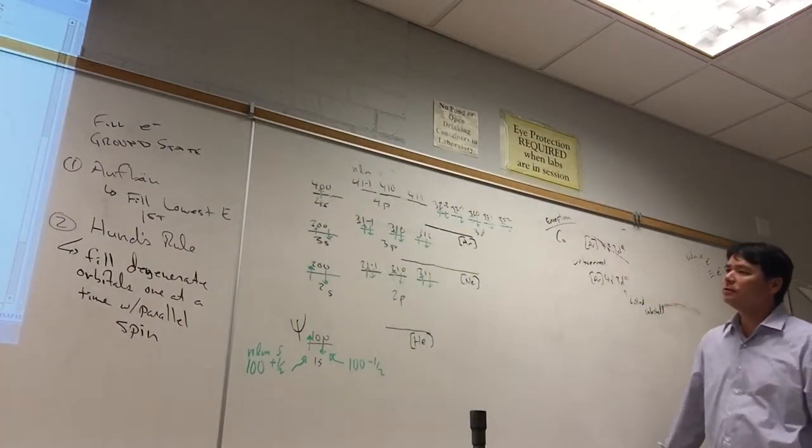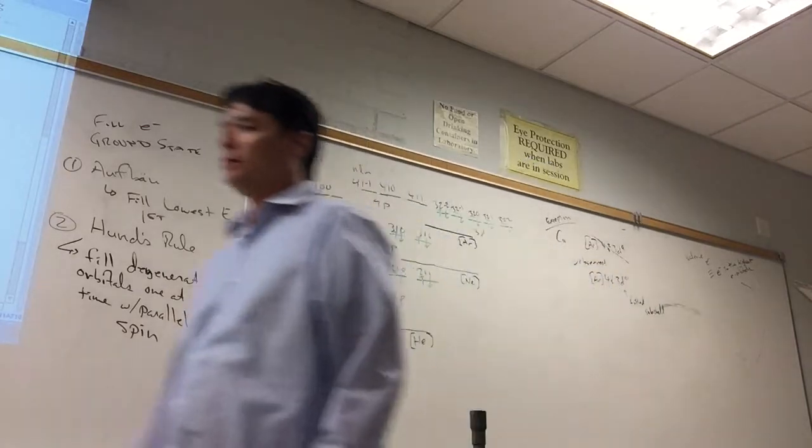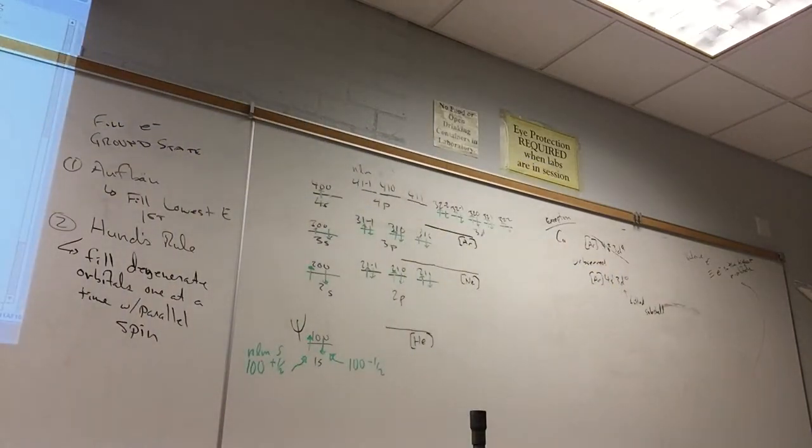All right, so what we can do is we can use the periodic table as a guide. Since the periodic table is set up with the shells, let's go ahead and determine some more complicated electron configurations.